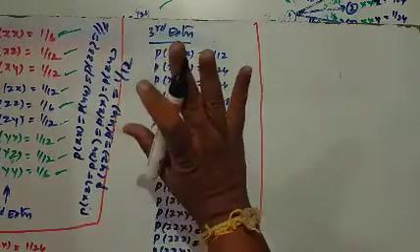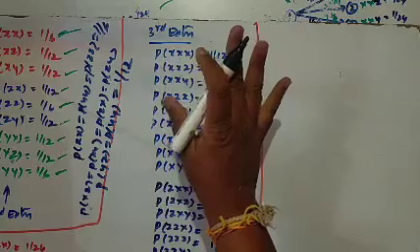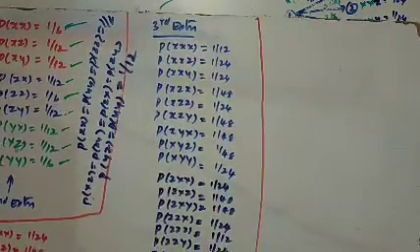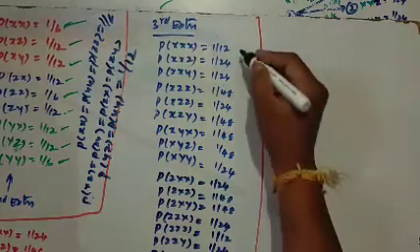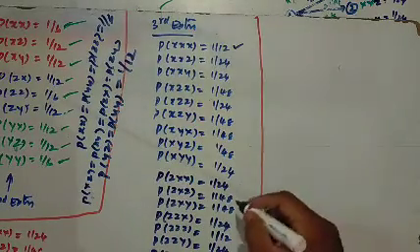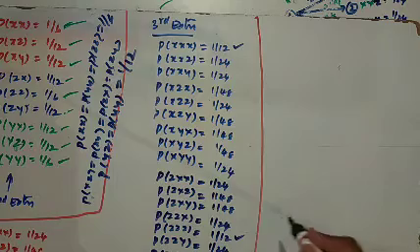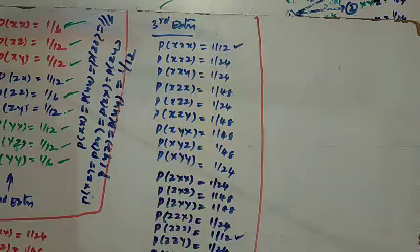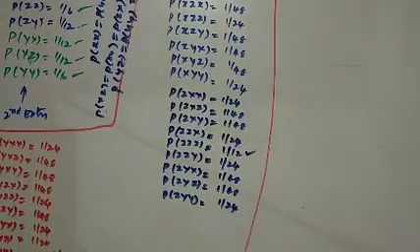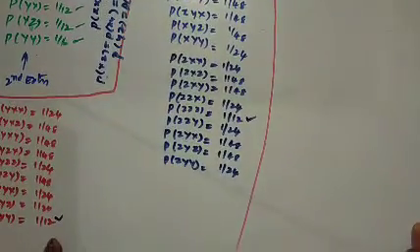Means 3 terms I got 1/6, 6 terms I got 1/12. For further solution I require this, so I have written here. Similarly for third extension, I got 1/12 2 times and 1/12 3 times.